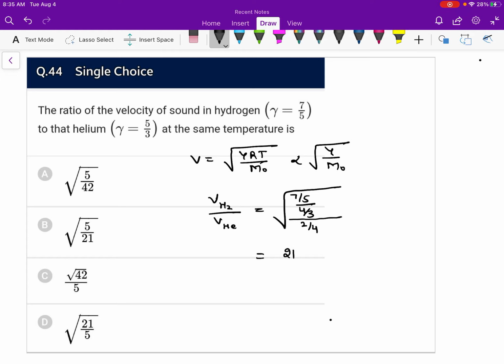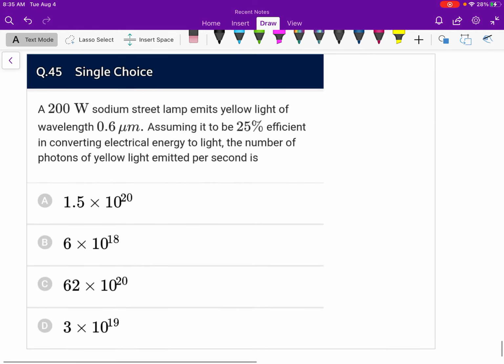So this is 21/25 into 2, so that is under root 42/25. So C is the correct option.